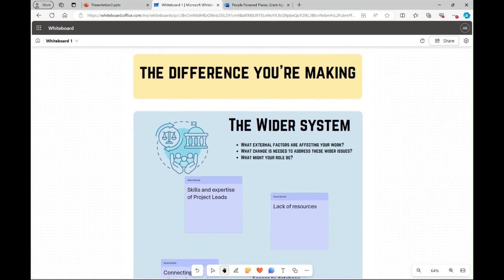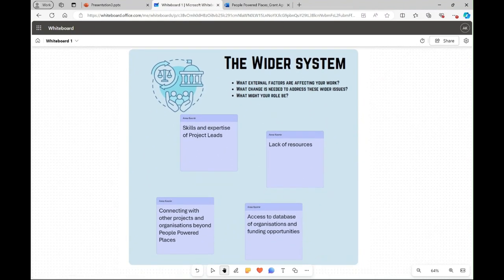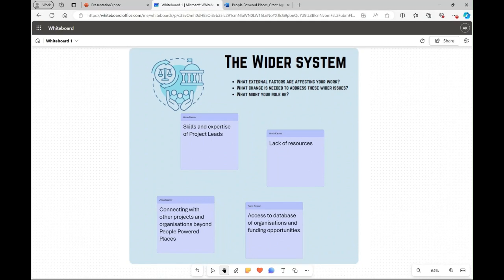And finally, thinking about the difference that you're making. So, thinking about the wider system, what external factors are affecting your work? What changes are needed to address these? And what might be your role? So there are lots of things in this. We spoke about the skills and expertise of project leads. Not everyone has the skills to address lots of the different issues, but together, through connecting with other projects and organizations beyond People Power Places, that network, the stronger the individuals are, the stronger the network is, and the stronger the system is.